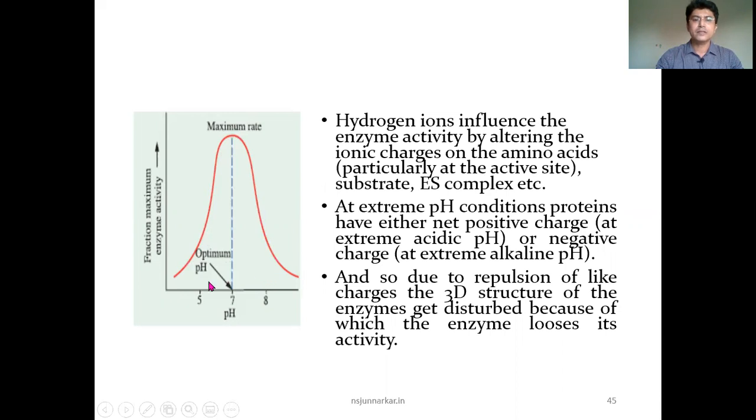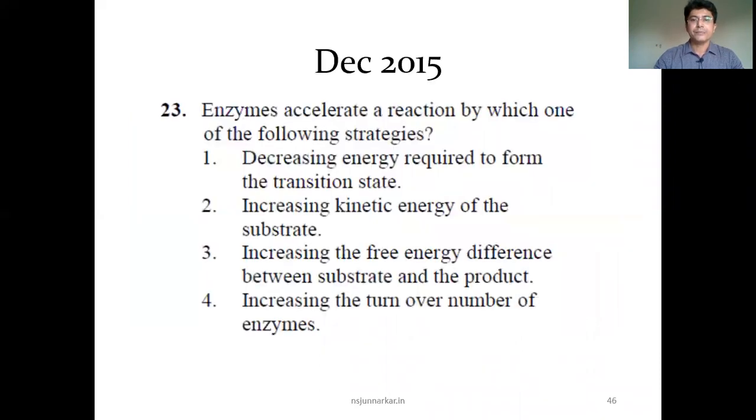Changes in the pH may affect the structure of the enzyme. The enzyme's functional groups may get protonated or deprotonated, because of which the repulsion between the like charges can result in the disturbance in the conformation of the enzyme.